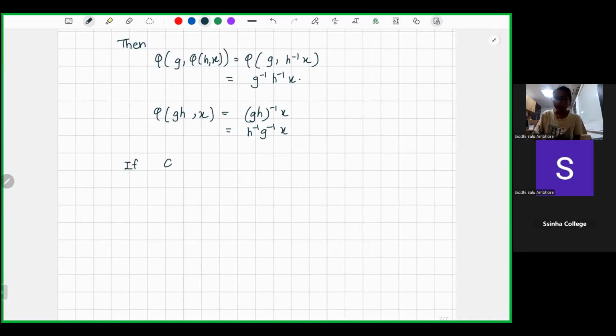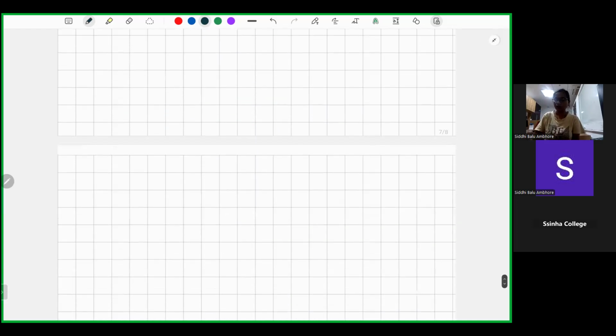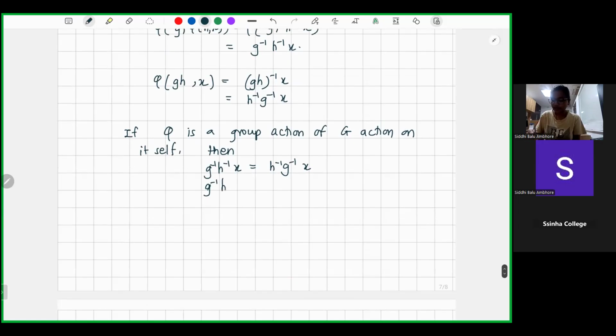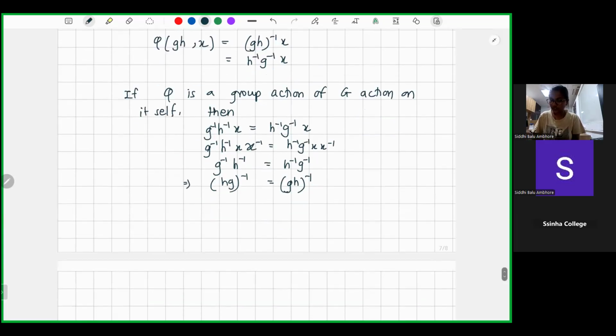So if phi is a group action of G acting on itself, then this G inverse H inverse x must be equal to H inverse G inverse x, right? And since we are in a group, we can multiply by x inverse on both sides, and we are left with H inverse G inverse is equal to Hg. And this is Hg inverse, and this is Gh inverse.